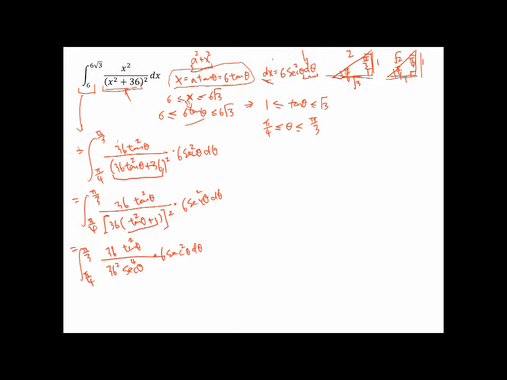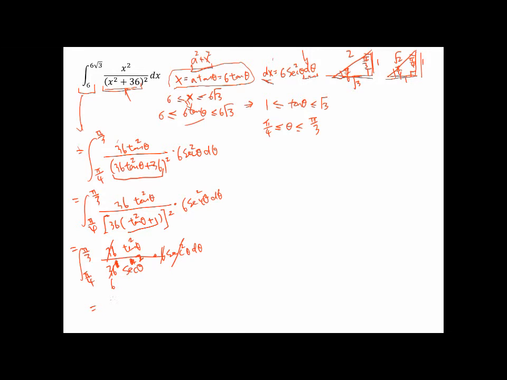Okay, so let me see. This 36 can be cancelled out with the 36 here, and the 6 can cancel out with the 6 left, and the secant squared here is cancelled out with the secant squared left. Okay, looks fine.